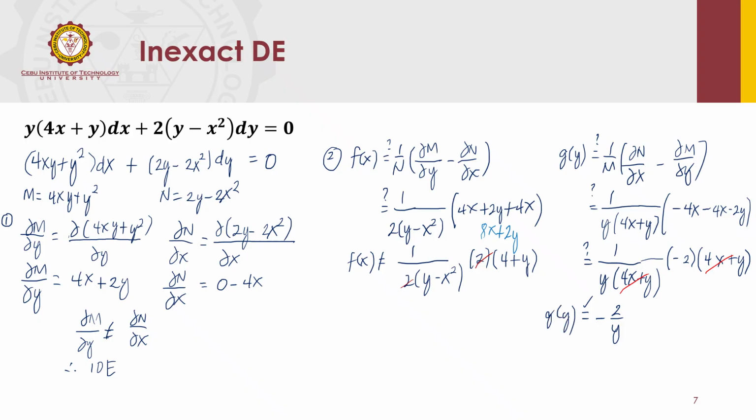Therefore, we let the integrating factor be equal to e raised to the power of the integral of g of y dy, meaning e raised to the power of the integral of negative 2 over y dy, or that's e to the negative 2 ln of y, or that is equal to e raised to the power of ln of y raised to the negative 2. Sorry, I forgot to put the 2, so there's a 2 here and this is negative 2, not negative 1.